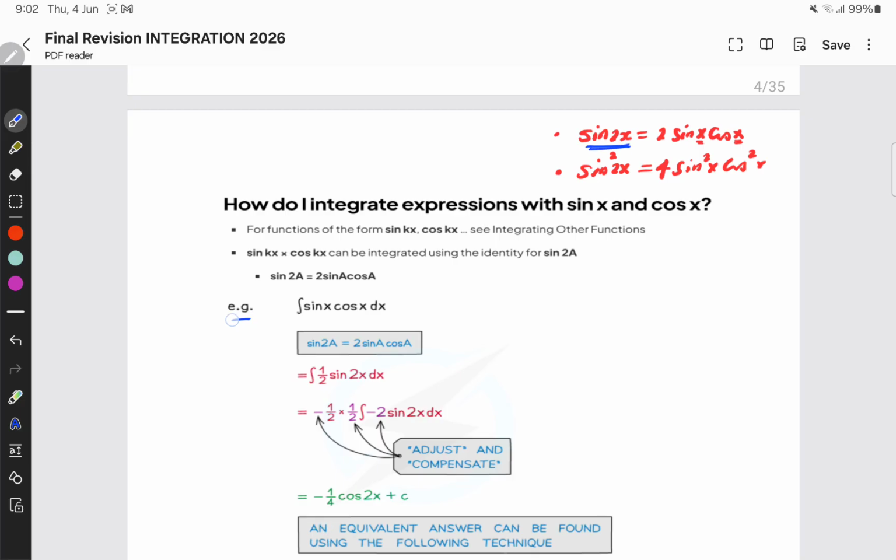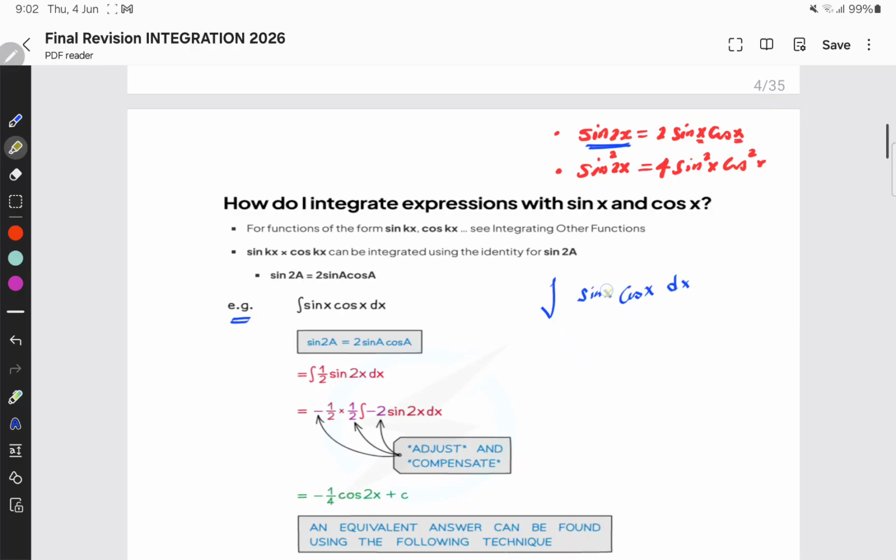For example here, we have the integral of sine x times cosine x dx. First of all, I want to check the angle here is x and the angle here is x.